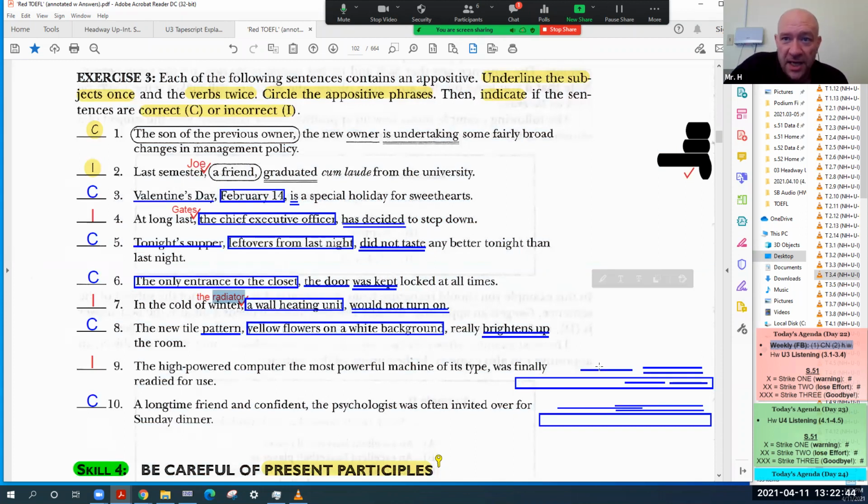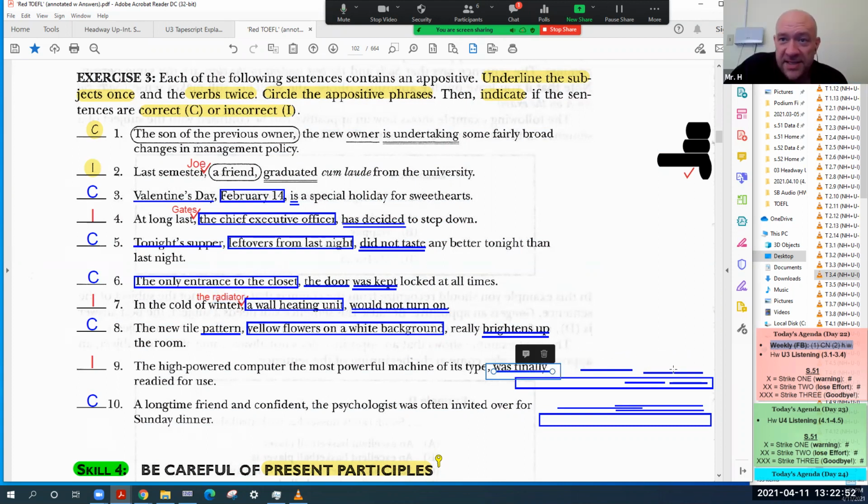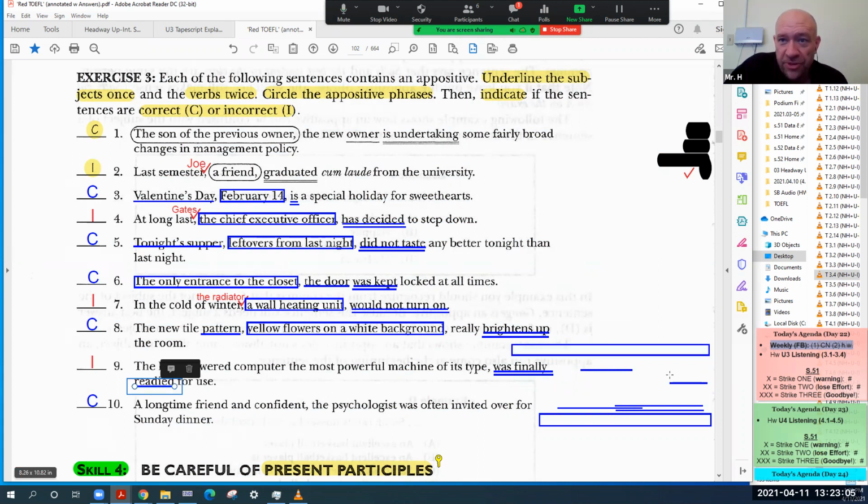How about number 9? Can you find a verb? Let's find the verb. Was. Finally radiant. Ah, yeah, we need the participle, verb 3.